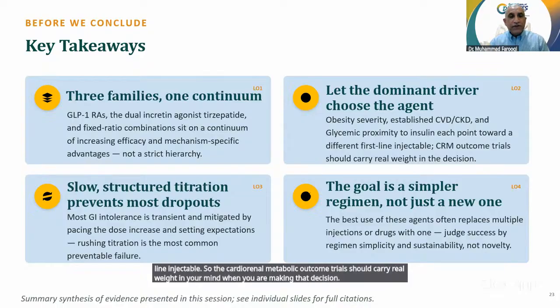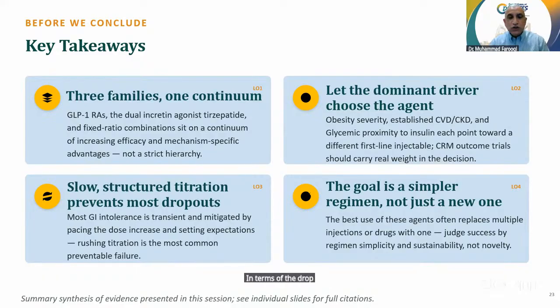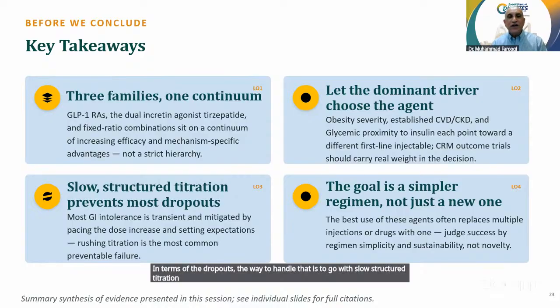In terms of the dropouts, the way to handle that is to go with slow, structured titration, which will help prevent most dropouts. Generally, this intolerance is transient and is mitigated by slowly increasing the dose, talking to your patients and setting expectations.